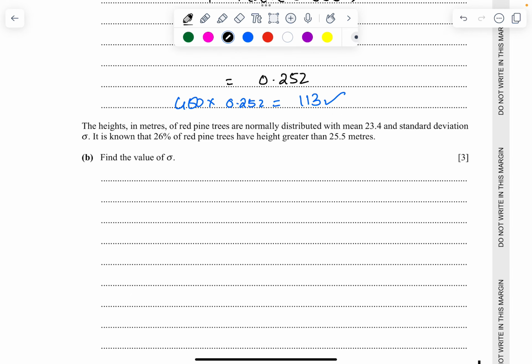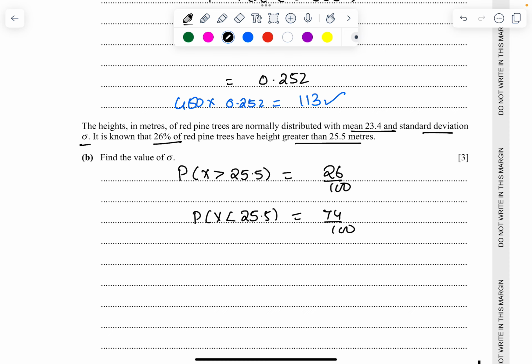The heights in meters of red pine trees are normally distributed with a mean of 23.4 and a standard deviation. 26% are greater than 25.5, so probability of x greater than 25.5 equals 26%. So less than 25.5 will be another 74%.